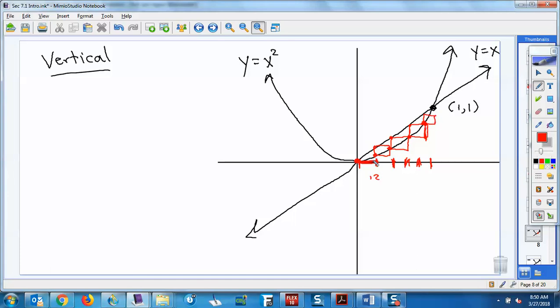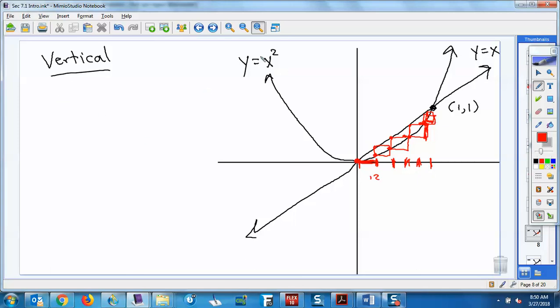So it looks something like that. And these points wouldn't necessarily hit right on the curve. The right-hand sides aren't going to hit exactly right on the curve, probably. I didn't draw that very well. But anyway, on our next quiz, you're not going to have to draw these in. But the idea is we could approximate this area by adding up these rectangles.